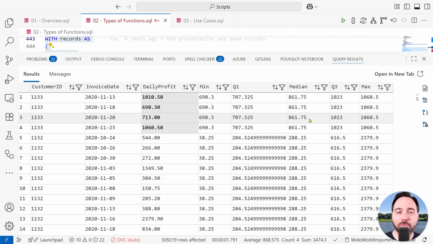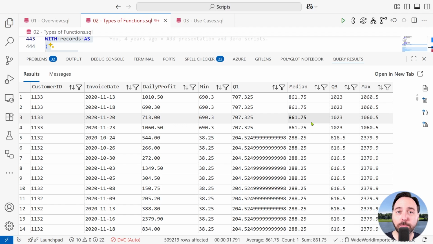The continuous formulation of a percentile calculation is mathematically correct, but if I want to return the values associated with the median record, I will have some trouble finding it because I can't search where daily profit is equal to $861.75. I won't get a row back that matches that exact number.